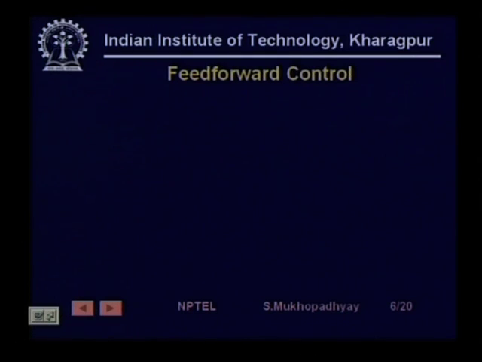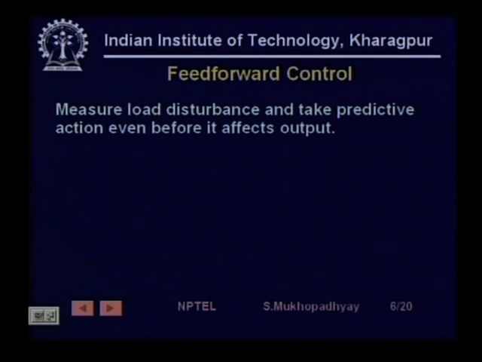So, we have feed forward control. Now, let us see that first in its pure form, what is feed forward control. The basic principle is that you measure the load disturbance change. In feedback control the load disturbance change is not measured. What is measured is the process output, but since the disturbance takes time to affect the output, in feed forward control our approach is to measure the load disturbance itself.